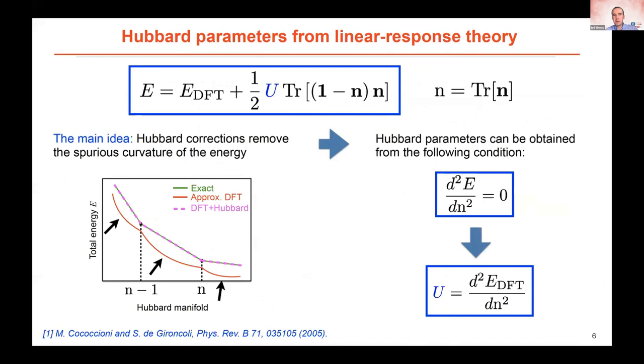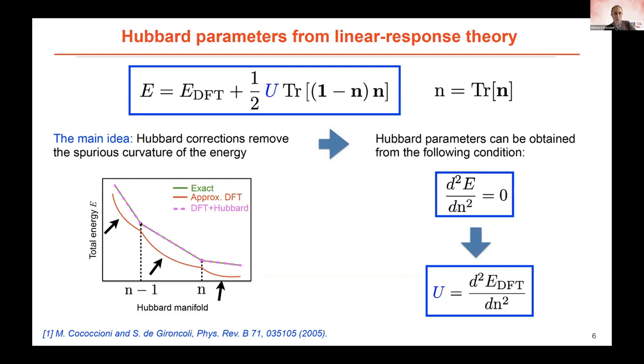To be honest, I never understood how it is defined, and I don't know if it really removes the curvature. I know that it works well, and the values of the Hubbard parameters are, I think, pretty close to what we obtain with linear response. But I need to understand better how they define the Hubbard U parameter in ACBN0.